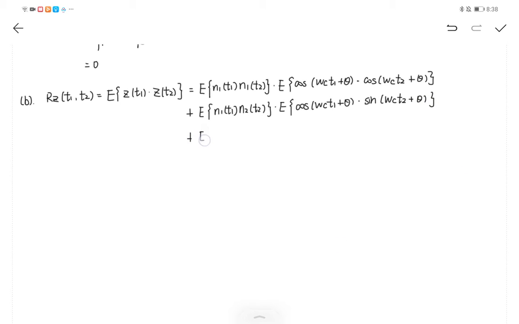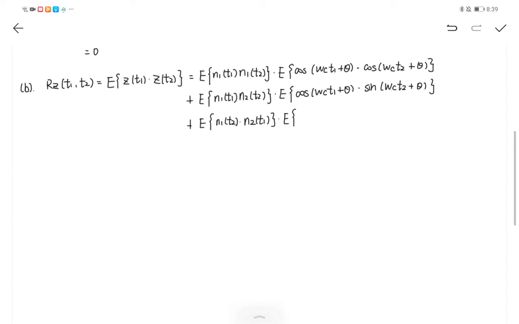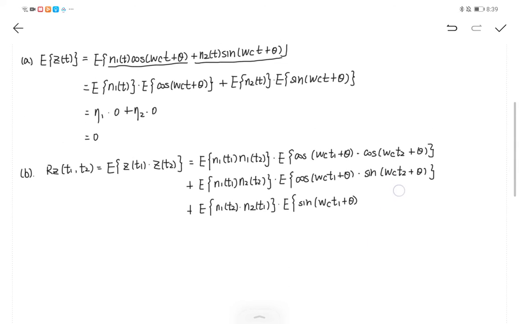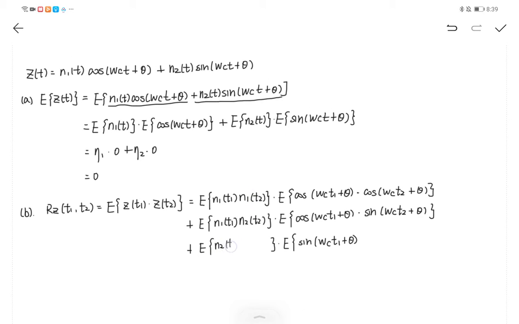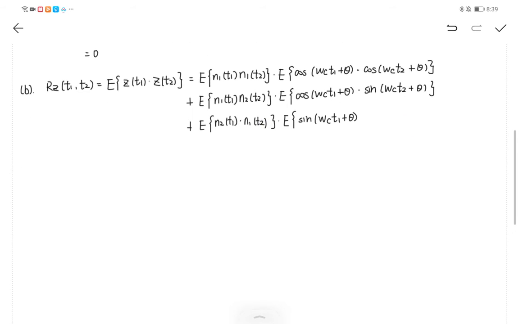Similarly, the third part is the expectation of N1(t2) N2(t1), multiplied by E of sine(omega_c t1 plus theta) cosine(omega_c t2 plus theta).